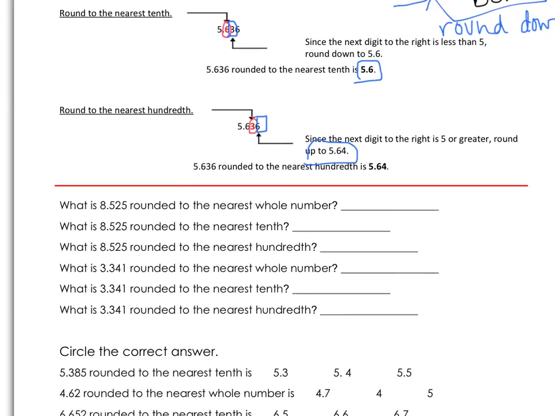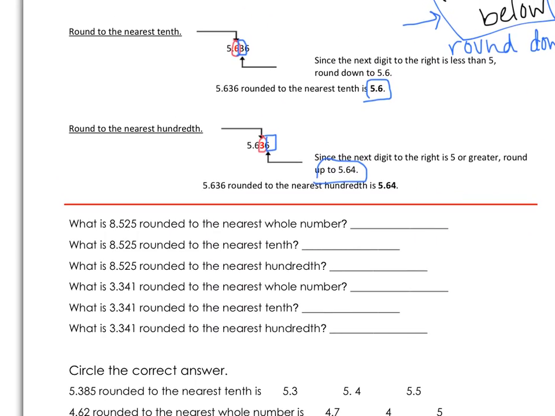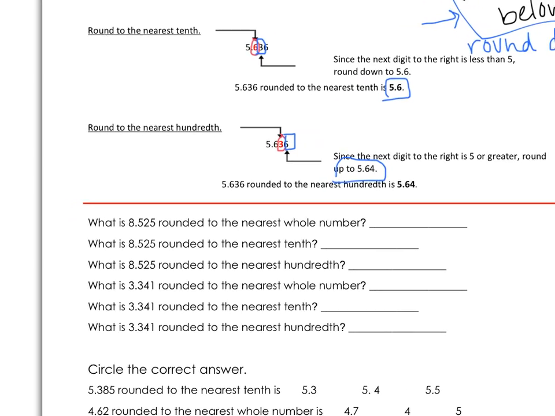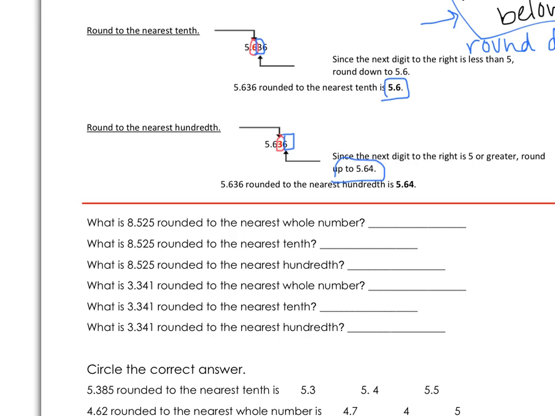Alright, let's move on. How about we do some rounding questions here as practice. So we look at this first one. What is 8.525 rounded to the nearest whole number? So we're looking at whole number. The 8 is in our whole number space, so we're looking at the number directly to the right.